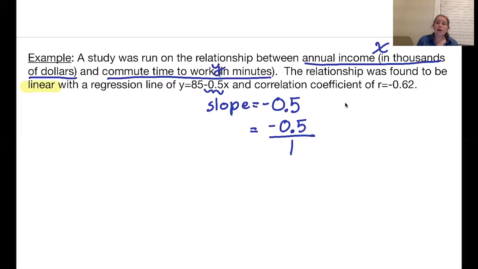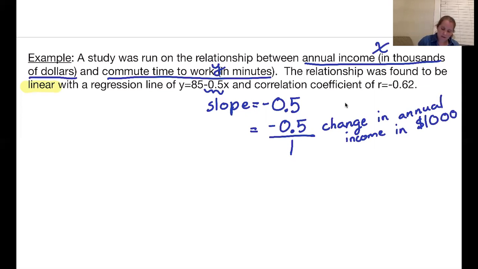Negative 0.5 is telling us our change in our y variable. So this is our change in annual income in thousands of dollars. Down on, oops, sorry, I have that backwards.